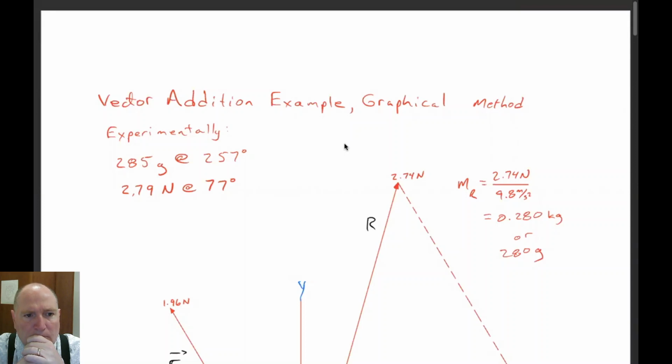So experimentally, we found the equilibrant to be 285 grams at 257 degrees, which translates to a resultant. If we multiply 0.285 kilograms by 9.8, we get 2.79 newtons at 180 from 257, which gives 77 degrees.